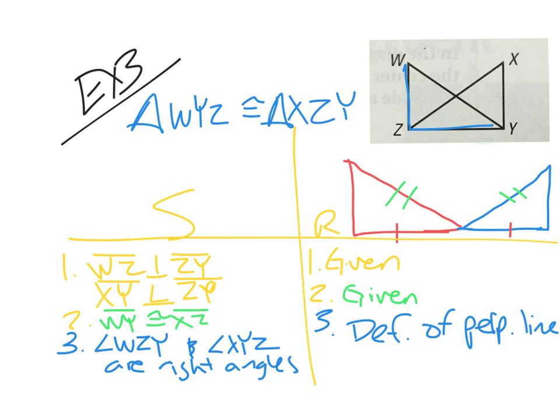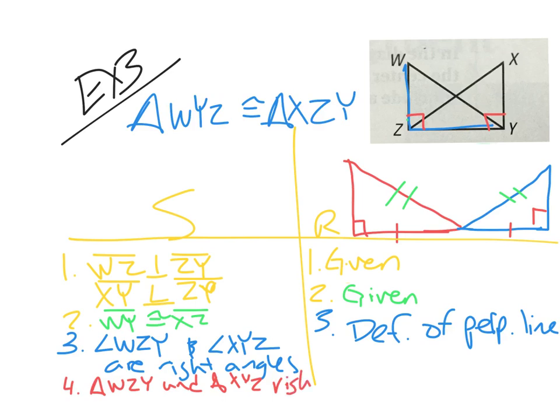Okay, what else do we know? Since we know that this is a right angle, we know that these are what kind of triangles? Right triangles. So number 4, triangle WZY and triangle XYZ are right triangles.